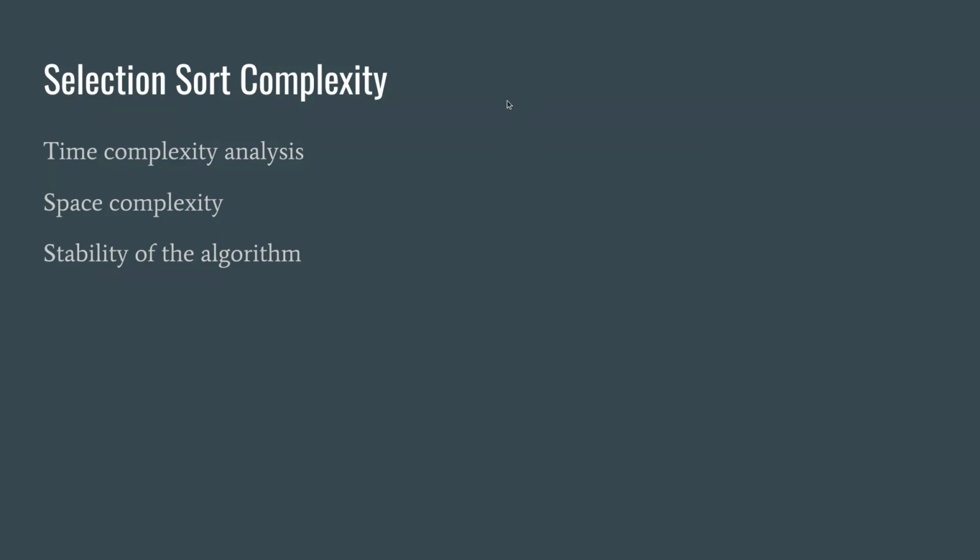So to understand this stability more, let me give you a concrete example. You can think about organizing a deck of cards by face value, where each card also has a unique design.